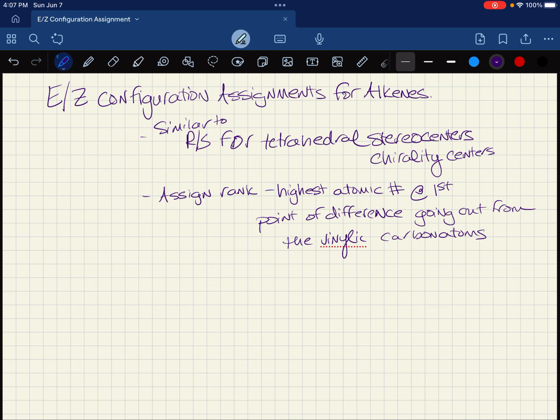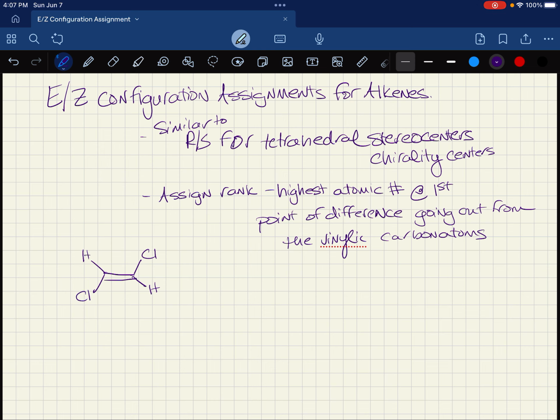Now, one big difference is that instead of comparing all four groups that are attached to an alkene, let's say, for example, we have dichloroethene.